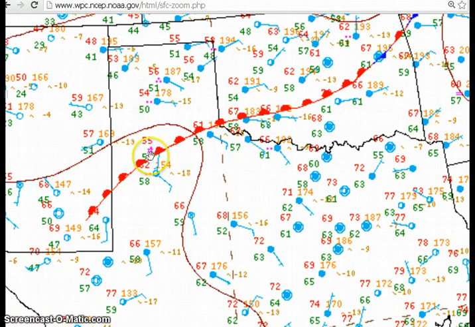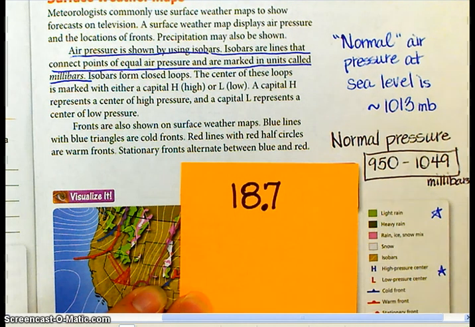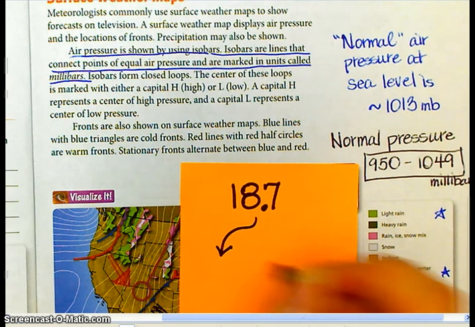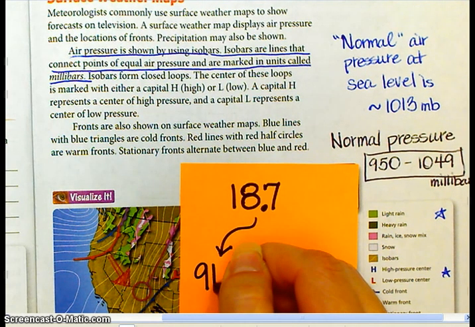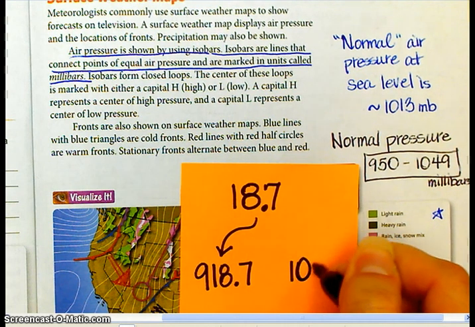Okay, the pressure reading at the station we were looking at is right here. It's 187. So in order for me to make sense of that, I'm going to follow the same steps. First, I'm going to take my 187 and put my decimal in it, and that becomes 18.7. Then I need to decide, should I put a 9 in front of it or a 10 in front of it?